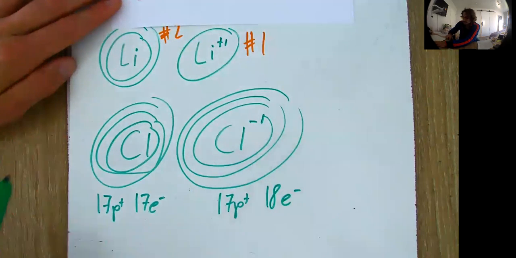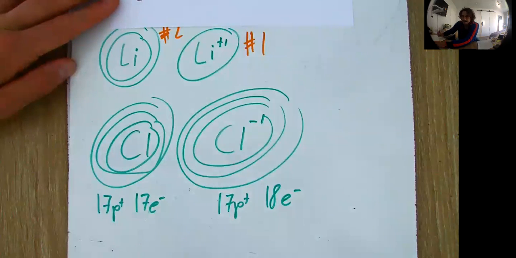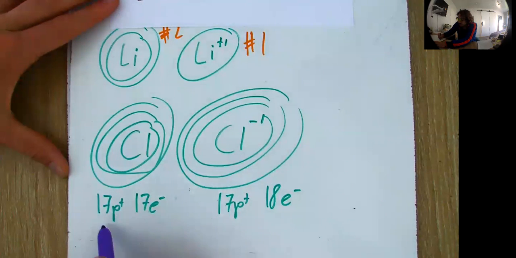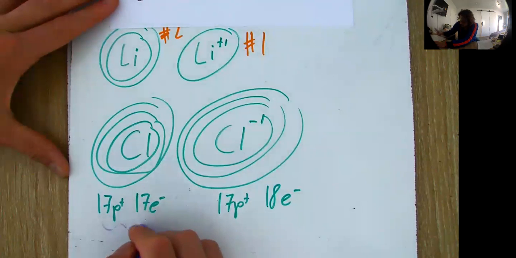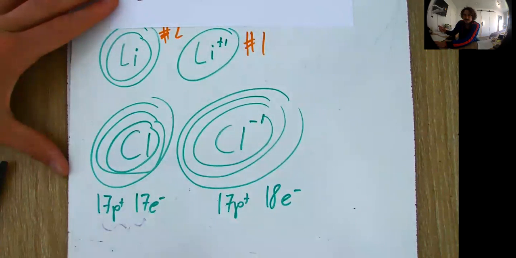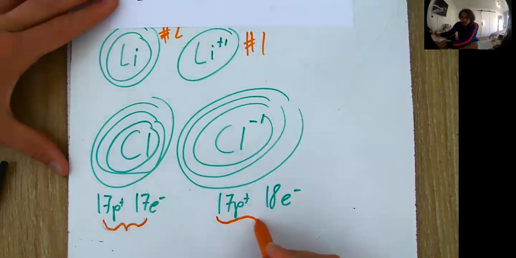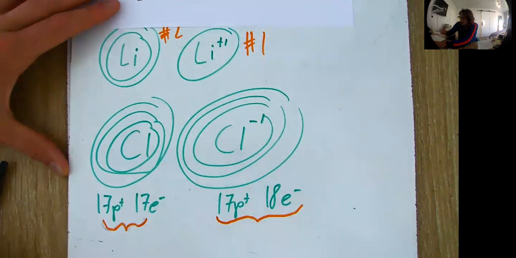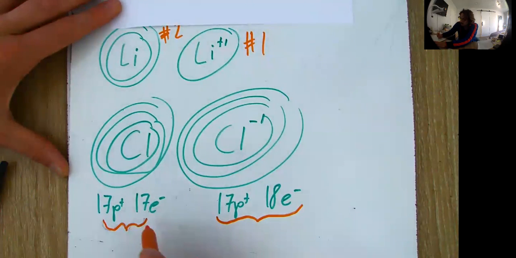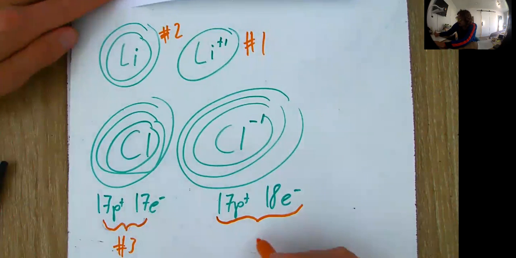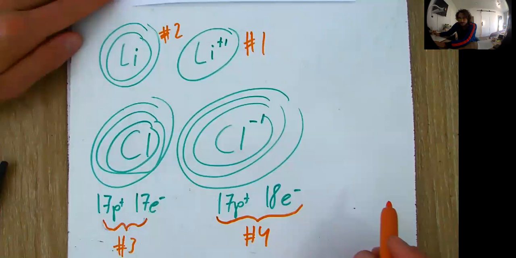Well, what does this mean? It means that 17 protons have a stronger hold on 17 electrons compared to 17 protons having a hold on 18 electrons. So that means this one is smaller. So this is number 3. And this is number 4, the largest one.